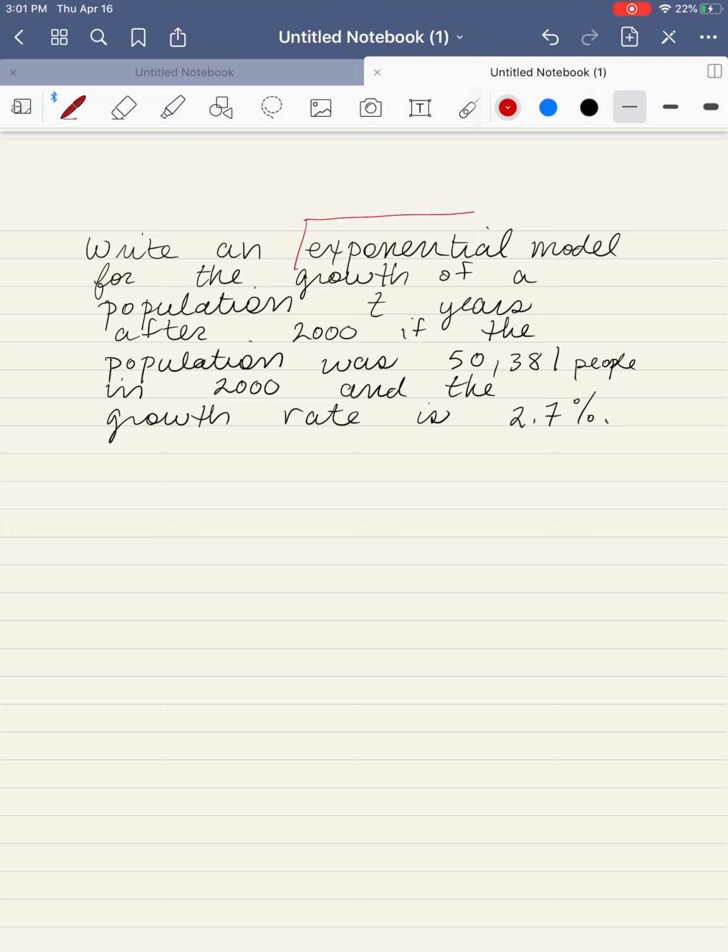Now let's think about what this question is asking us to do. It's asking us to write an exponential model. So what this is asking us for is a function that is an exponential function. So anytime I know that I'm dealing with an exponential model, I am trying to find an exponential function of this form.